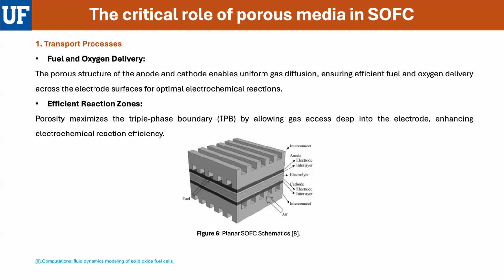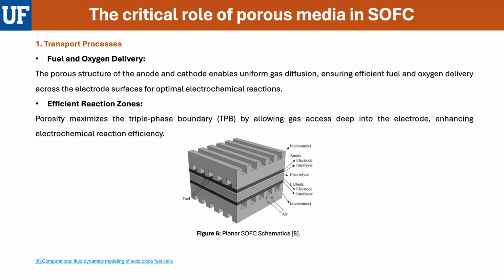for the transport processes in fuel and oxygen delivery, both the anode and cathode need to facilitate the movement of gases. The anode needs fuel while the cathode requires oxygen from the air. The porous structure allows these gases to diffuse uniformly across the electrode surfaces, ensuring that the entire active area participates in the electrochemical reactions.